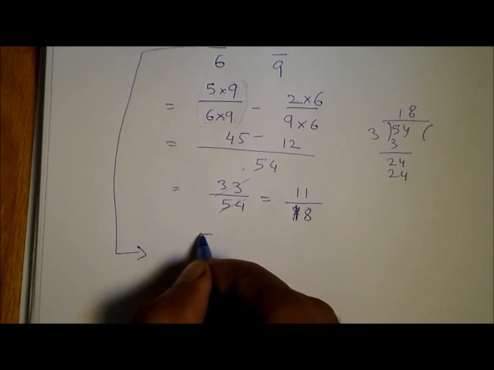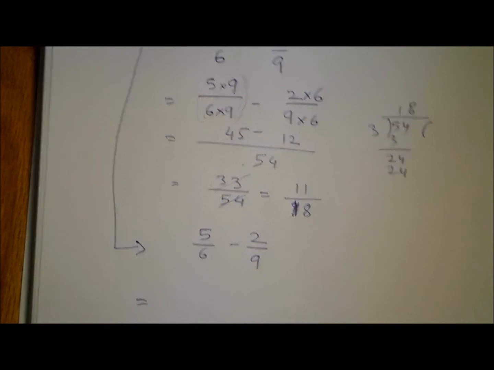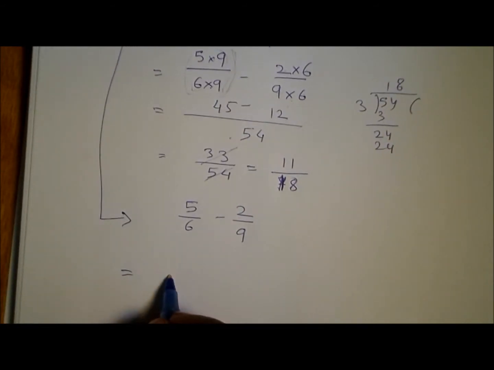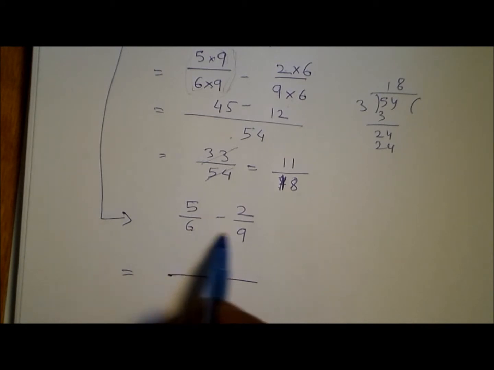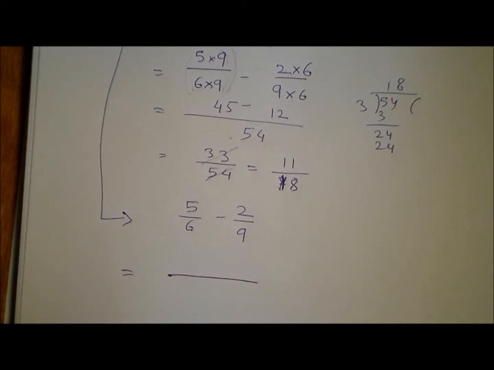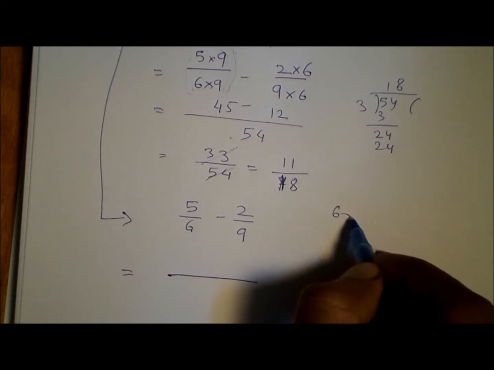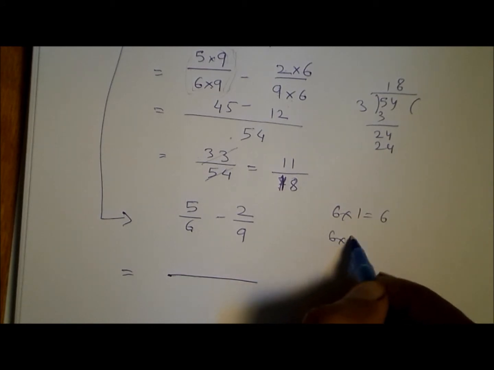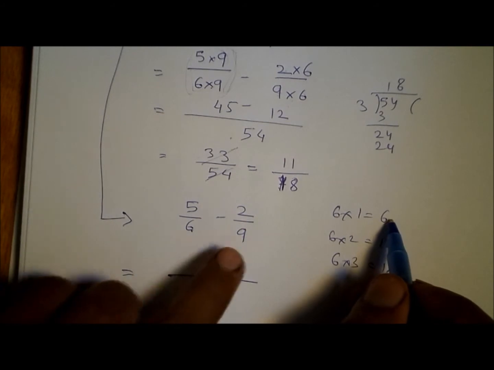with another way. 5 by 6 minus 2 by 9. What is the smallest number that can be divided by 6 as well as 9? So keep on thinking. 6 into 1 is 6, 6 into 2 is 12, 6 into 3 is 18. Can 6 be divided by 9?